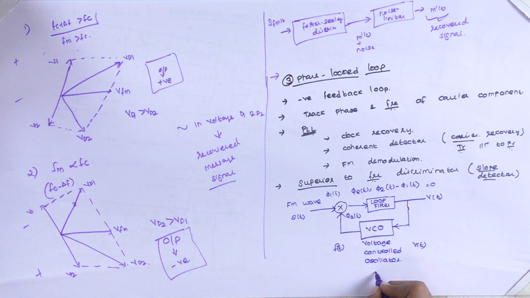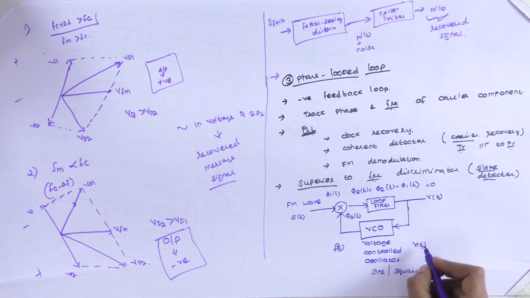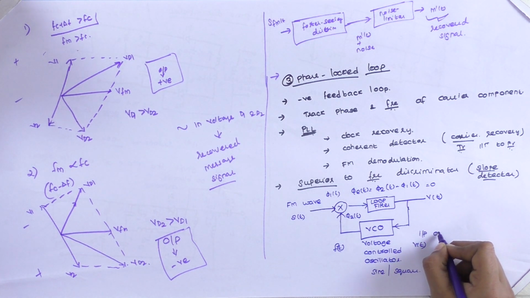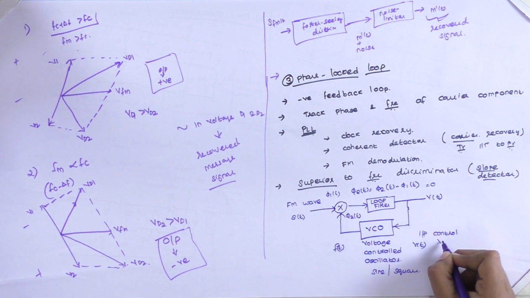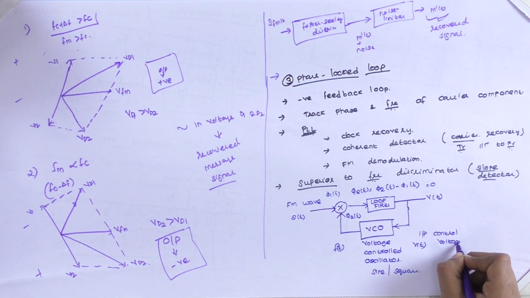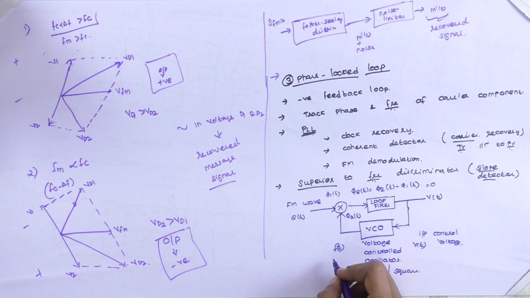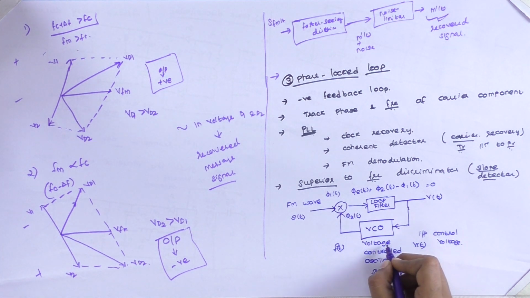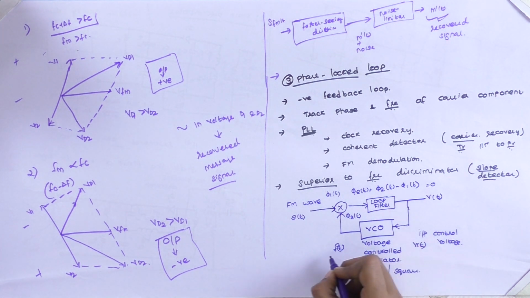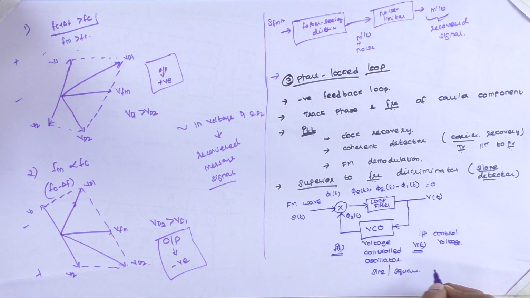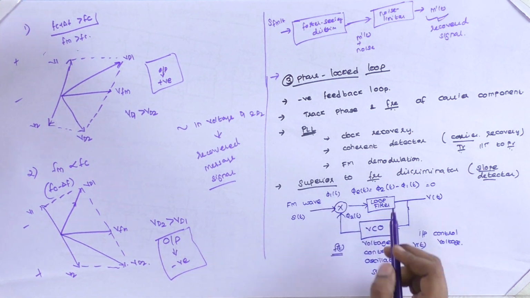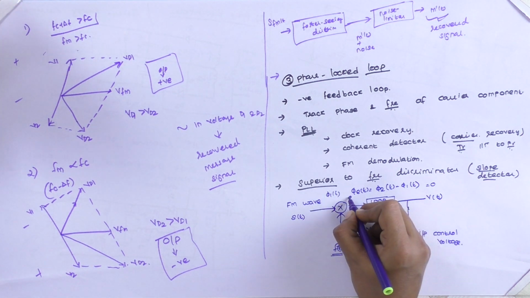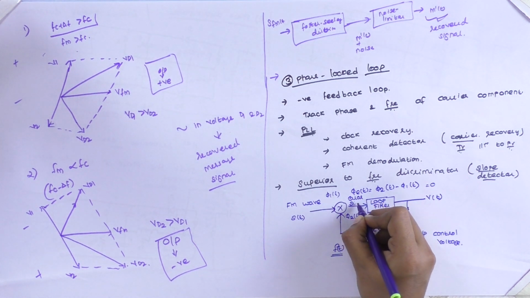This VCO can be a sinusoidal oscillator, or it can also be a square oscillator, depending upon your input control voltage. Depending upon your input control voltage, your frequency will be changing, so these two are proportional. The input control voltage and frequency of t are proportional to each other. The output of the multiplier is referred to as the error signal.